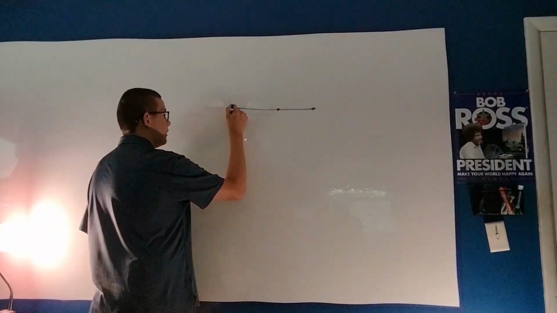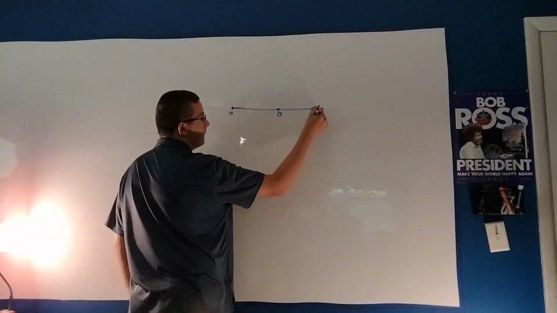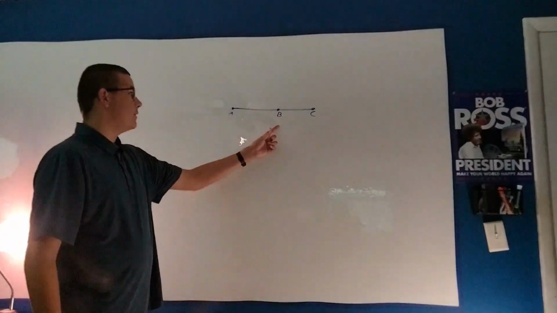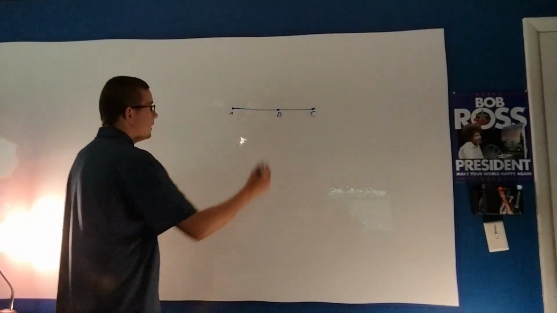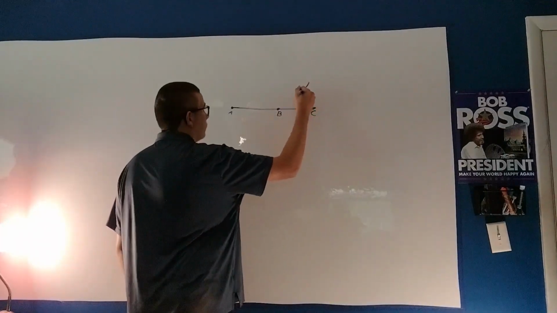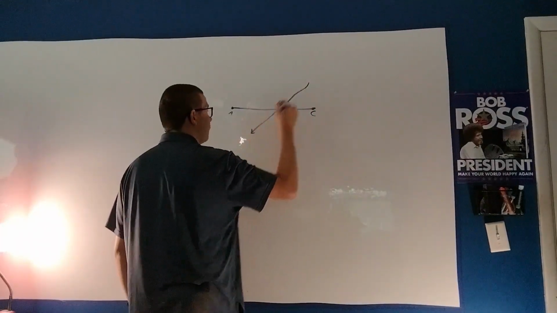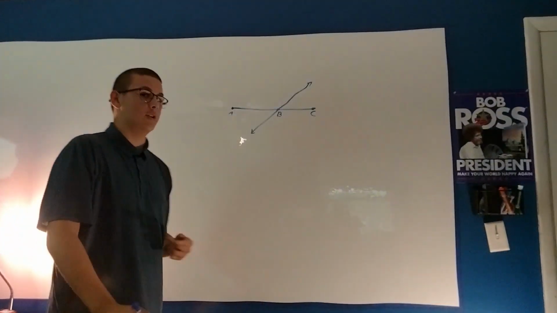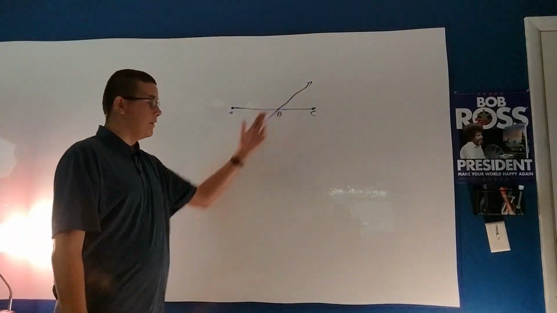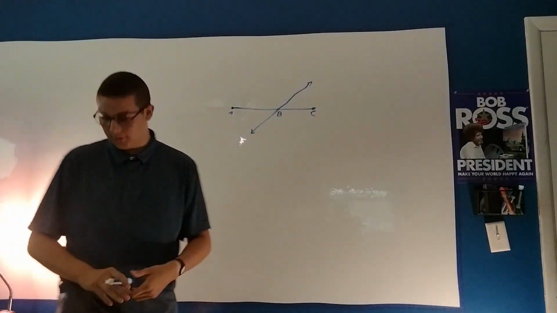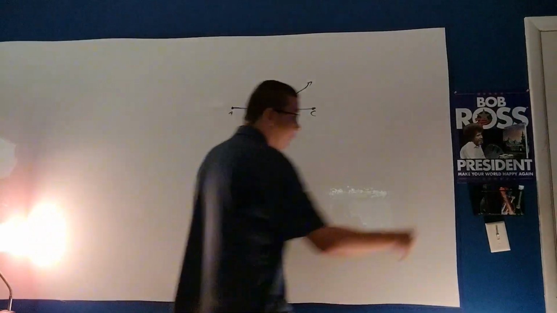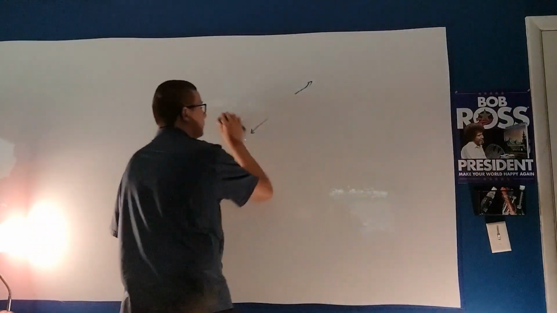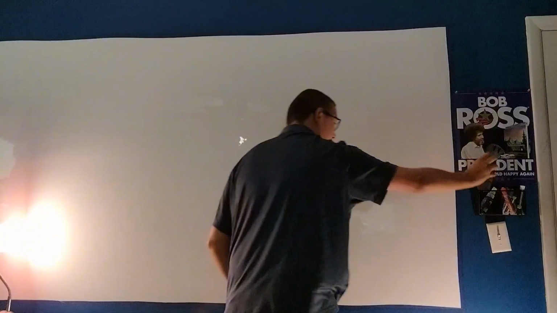So if we have A, B, and C, and B is the midpoint of AC, then if we have a line that runs through B, we would say that it is the bisector of AC because it touches the midpoint. It cuts it into two equal parts. That one will be pretty important throughout the rest of this course.